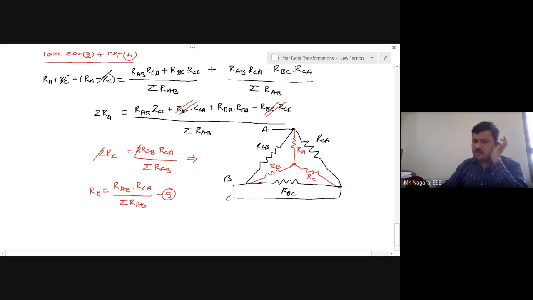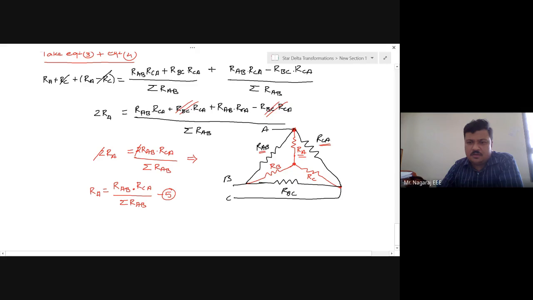Now observe the value RA, which is equals to the product of two resistors in delta, that is RAB into RCA. So what are these RAB and RCA? RAB and RCA are the resistors connected to the terminal A. So what is RA?